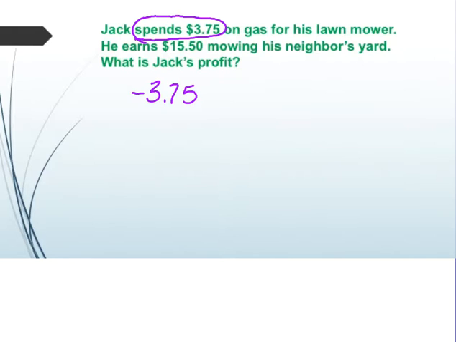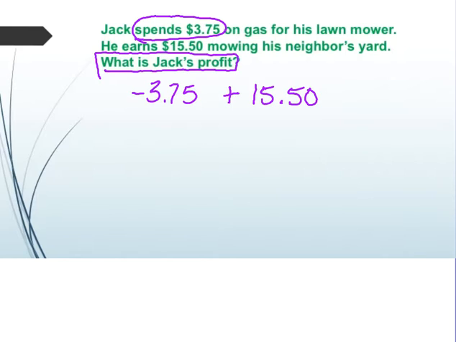Then, after he put gas in the mower and he mowed his neighbor's yard, he earns $15.50. So that's a positive $15.50. What is Jack's profit?